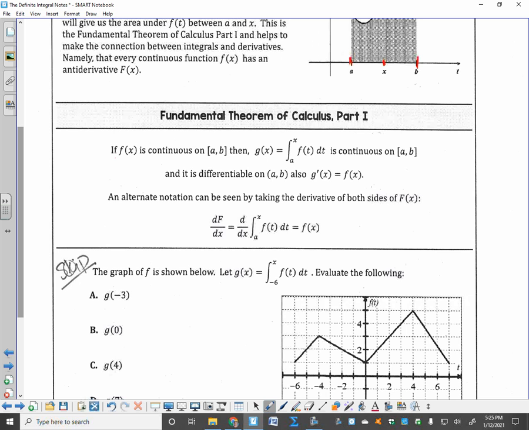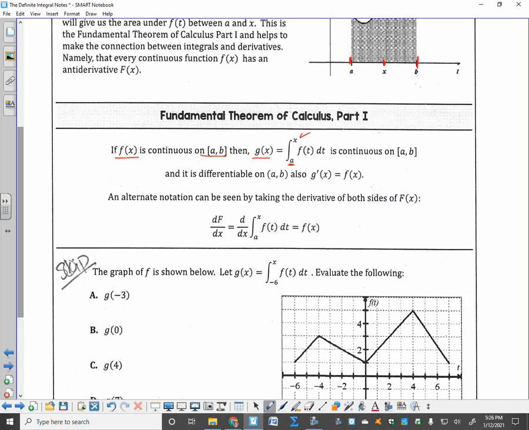Okay, lowercase f of x is continuous. Then I'm going to define some new function g of x, from a to some new value x, f of t dt, continuous on a to b, differentiable on a to b, which also tells me that g prime equals f of x.